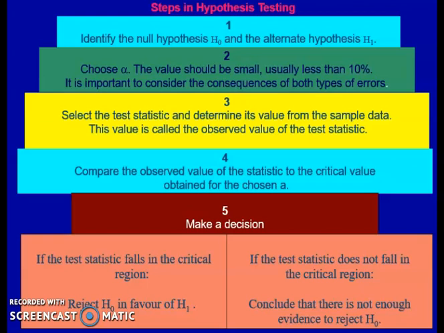Compare the observed value of the statistic to a critical value obtained for the chosen alpha. Make a decision: either reject the null hypothesis in favor of the alternative hypothesis, or conclude there is not enough evidence to reject the null hypothesis.